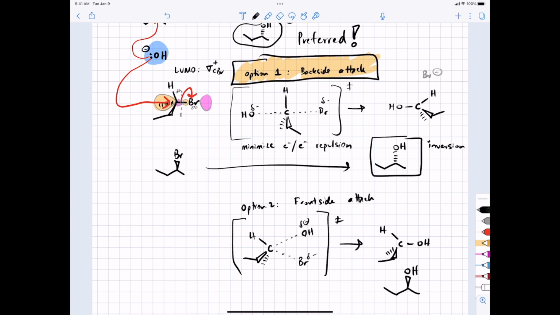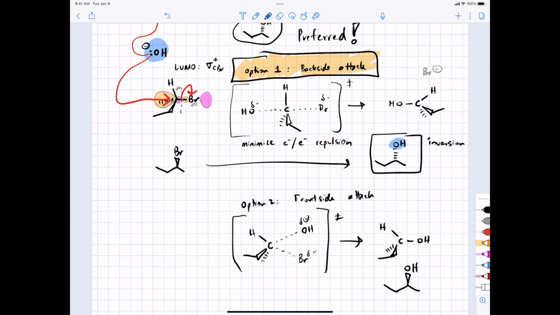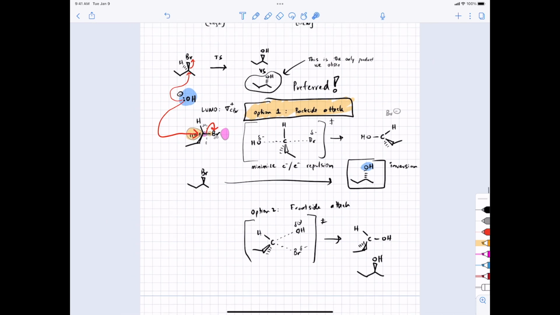Br minus was up, the nucleophile replaces Br minus and is down. And then we considered front side attack, which would lead to retention of stereochemical configuration. Br is up, OH is up.